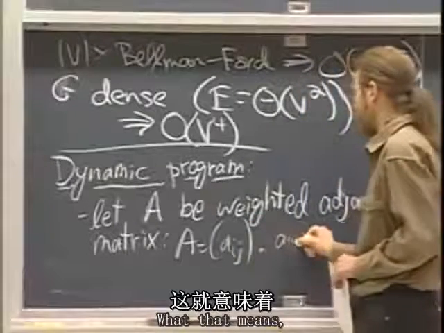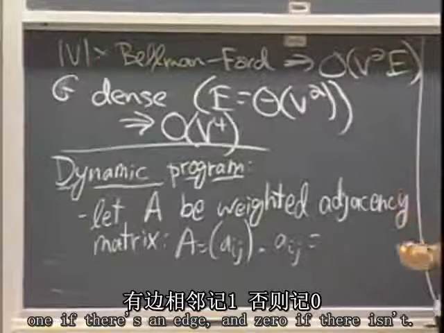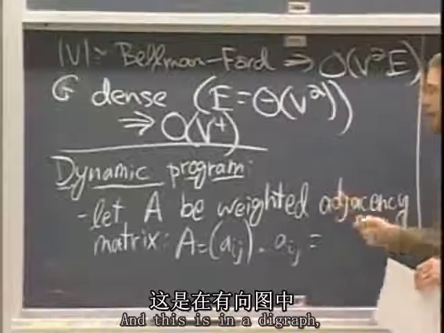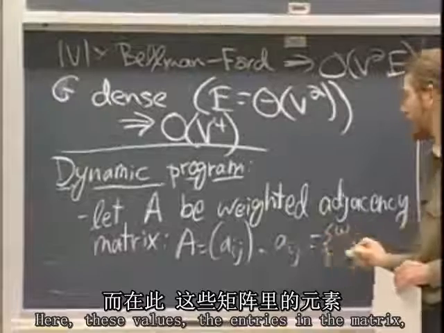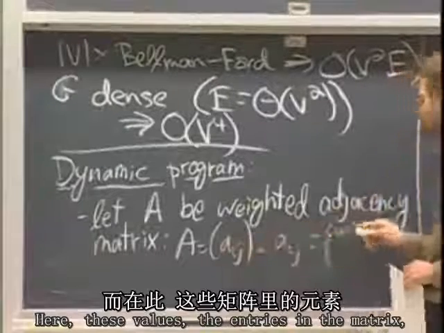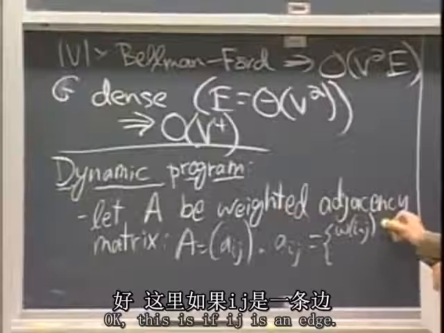What that means, so normally adjacency matrix is like 1 if there's an edge and 0 if there isn't. And this is in a digraph, so you have to be a little bit careful. Here, these values, the entries in the matrix, are going to be the weights of the edges. Okay, this is if ij is an edge.